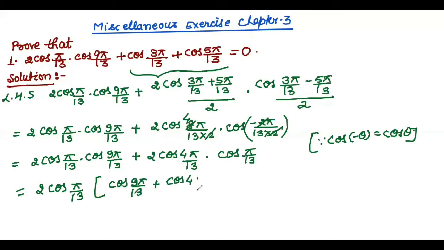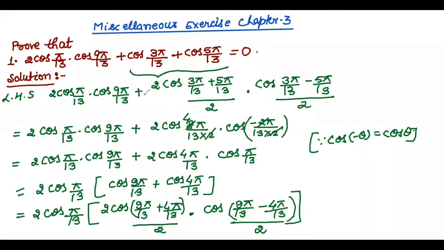Again I am applying the cos x plus cos y formula: 2 cos pi by 13 into 2 cos of (9 pi by 13 plus 4 pi by 13) by 2 into cos of (9 pi by 13 minus 4 pi by 13) by 2.